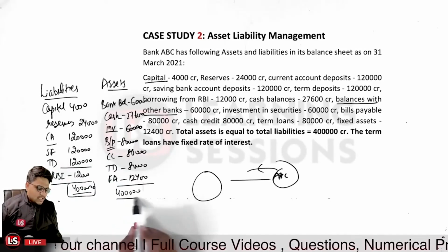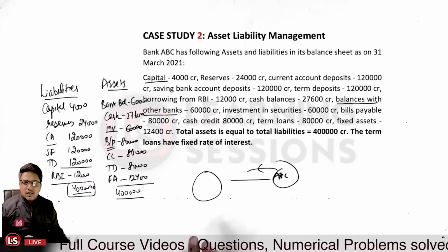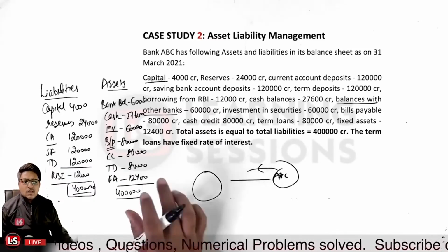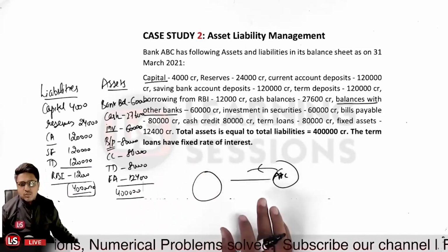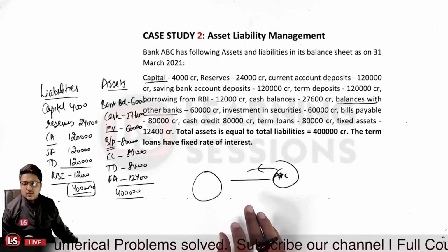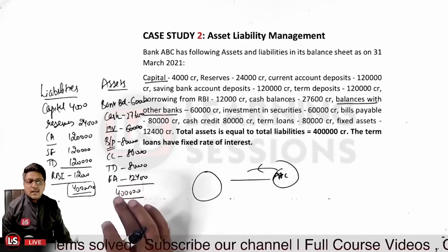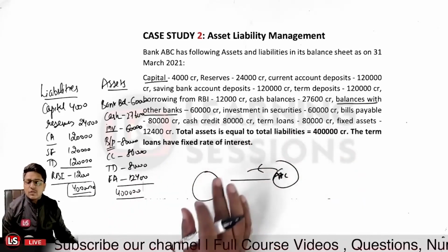Now the question was asked by a number of candidates: why are bills payable an asset? These are those bills which have been discounted. That is why we have taken it as an asset over here. So these are basically related to those bills which have been discounted by the bank.